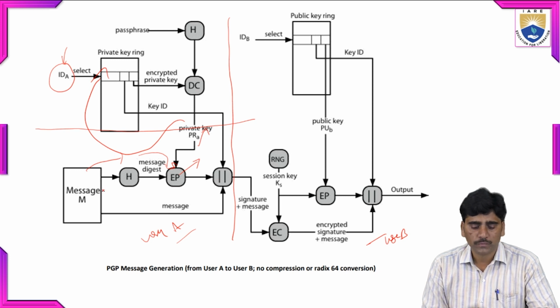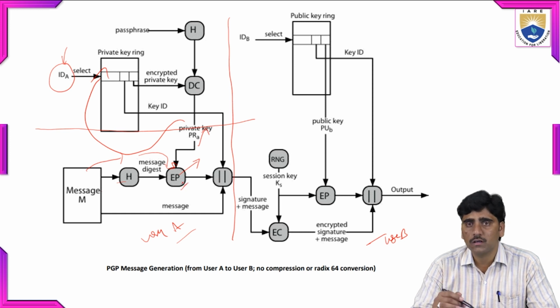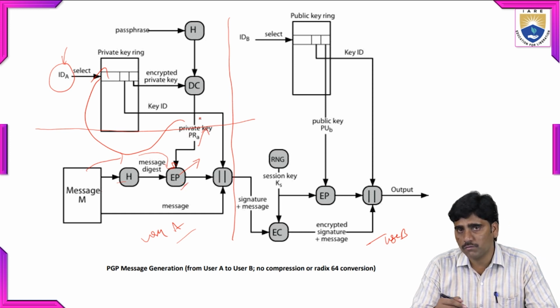When we transfer the message, it is authenticated by the hash and the message has to be digested. We apply the encryption process to this message with the help of the private key. The private key exists in the private keyring, which is a data structure that maintains both public and private keys, as we said in previous sessions.